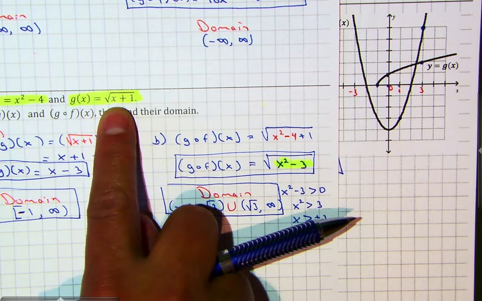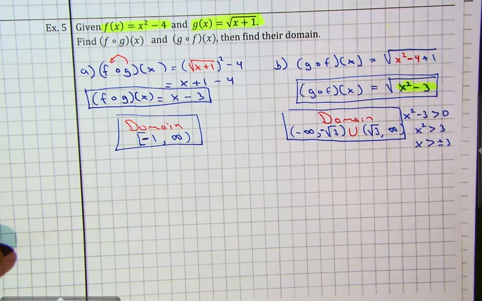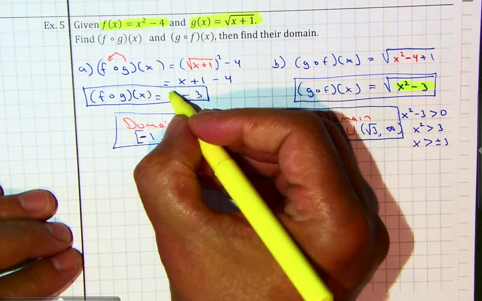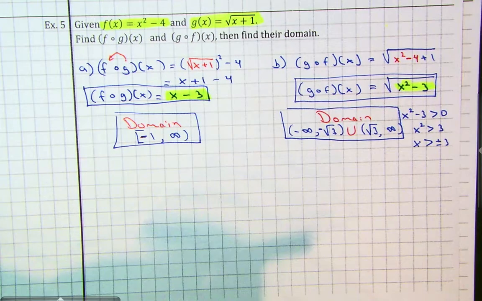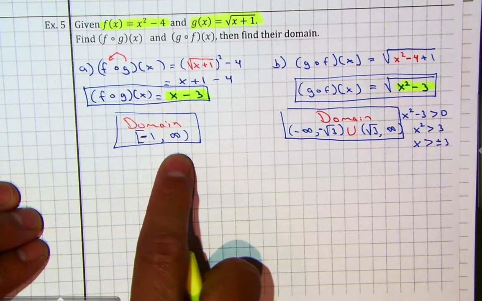The square root of x plus 1 is here. So even though the answer that we get back seems to be a line and seems to be all real numbers, the domain is from negative 1 all the way to positive infinity.